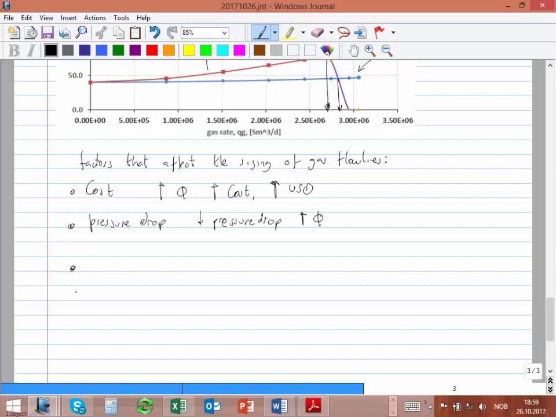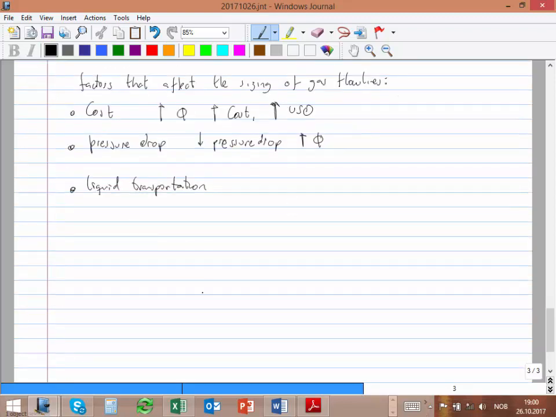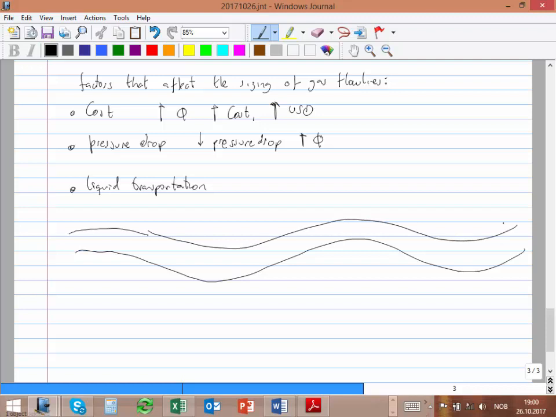There is another aspect that is again related to this liquid loading problem. You usually have, or most likely you have, some liquids coming together with the gas, so you want liquid transportation. For example, if you have a pipe that is not completely horizontal but has some undulation, then when it goes by transport, depending on where it is, in these lower points, if the velocity is high enough, it will be able to carry these small droplets throughout the whole system.